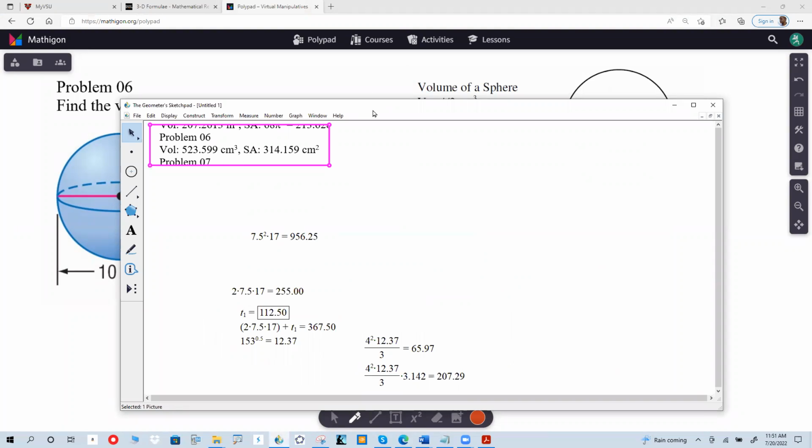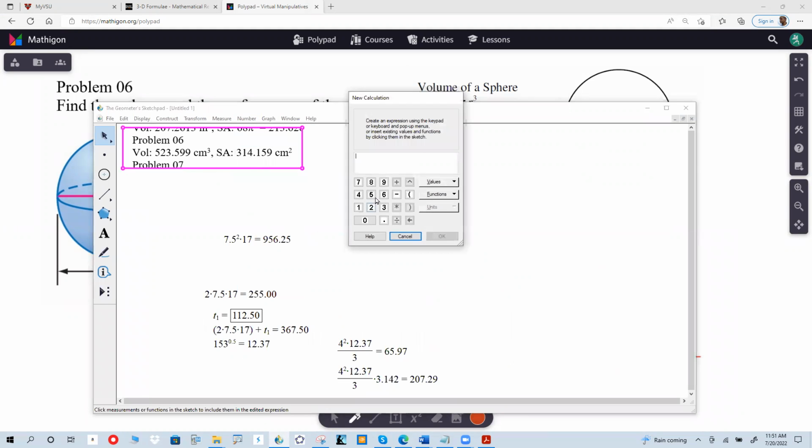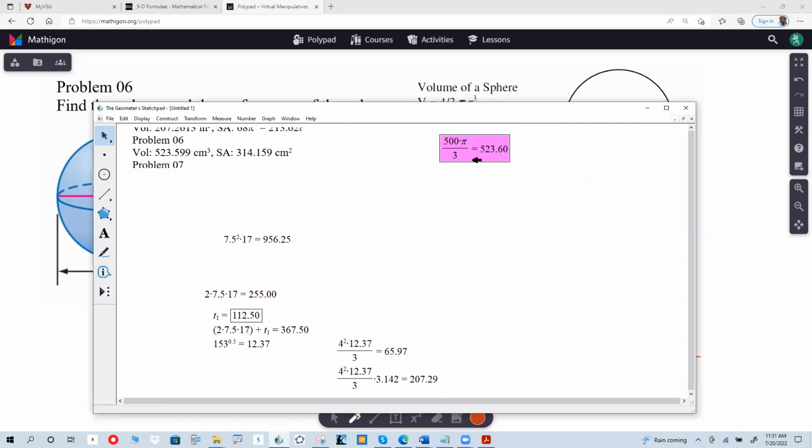So my first answer is 500 pi over 3. Let's see what that is. 500 pi. Good sign. I got the first one correct. Okay, 523. And the second one I got 20 pi.